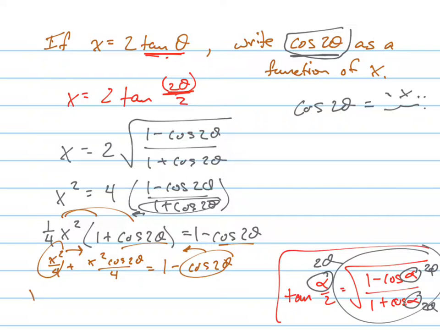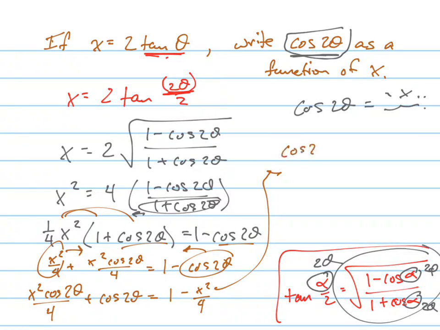Doesn't really make a difference, but x squared cosine 2 theta over 4 plus cosine 2 theta equals 1 minus x squared over 4. See what I'm doing? Now I'm going to factor out cosine 2 theta. So I'll write this up here. So cosine 2 theta times x squared over 4 plus 1 equals 1 minus x squared over 4.